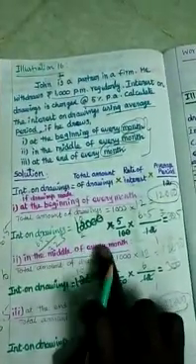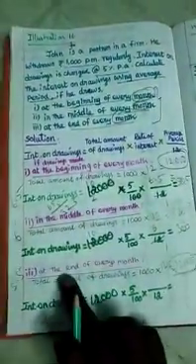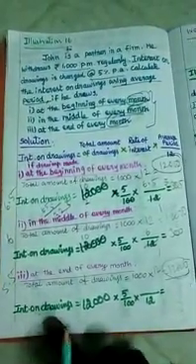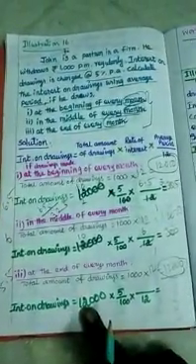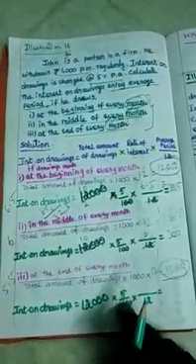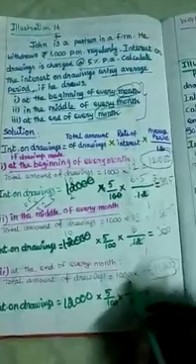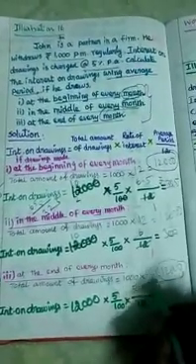If the amount is withdrawn at the end of every month, the average period is 5.5. Interest on drawings is equal to the total amount withdrawn into 5 divided by 100, that is the rate of interest, into the average period 5.5.